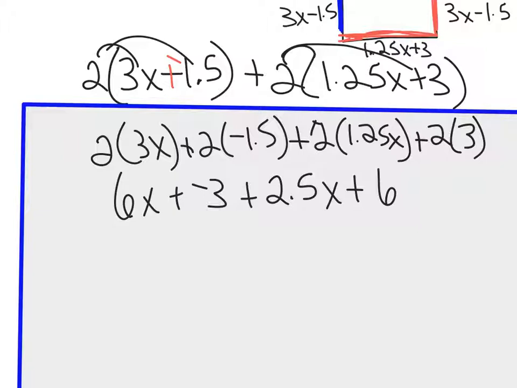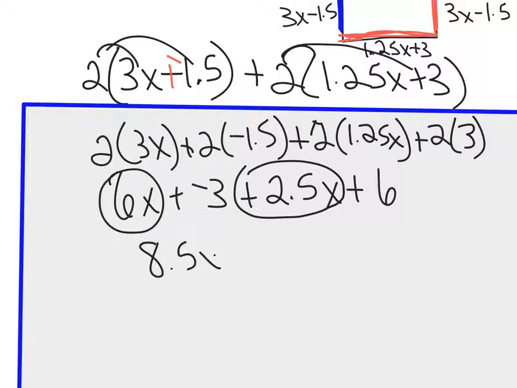So at this point we are ready to do some combining. So if we want to combine our x's together, 6x plus 2.5x would be 8.5x. And again, if you were working that out, remember 6 is like 6.0.